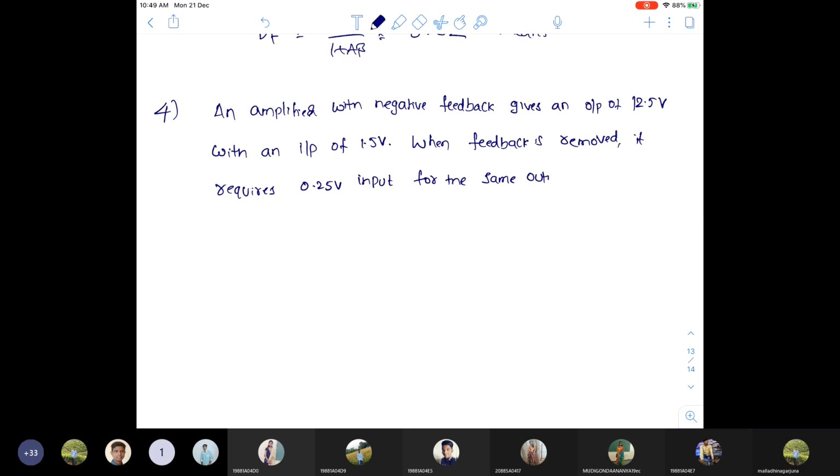Find the value of voltage gain without feedback.